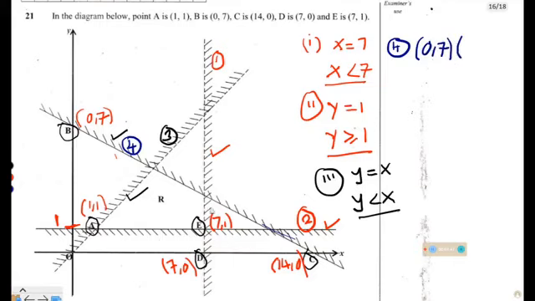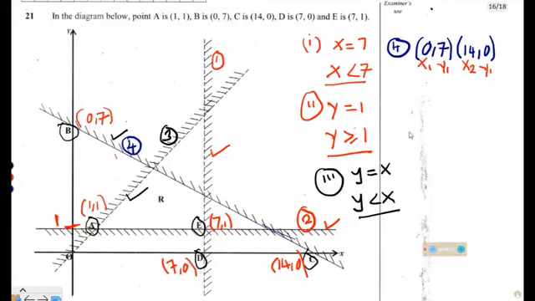Then I also pick this point C right here where it was passing, and this point C we said it's (14, 0). Upon picking those points, I can use the same points to find the gradient. Before we find the gradient, we name our coordinates. So we have x1, y1, x2, y2.